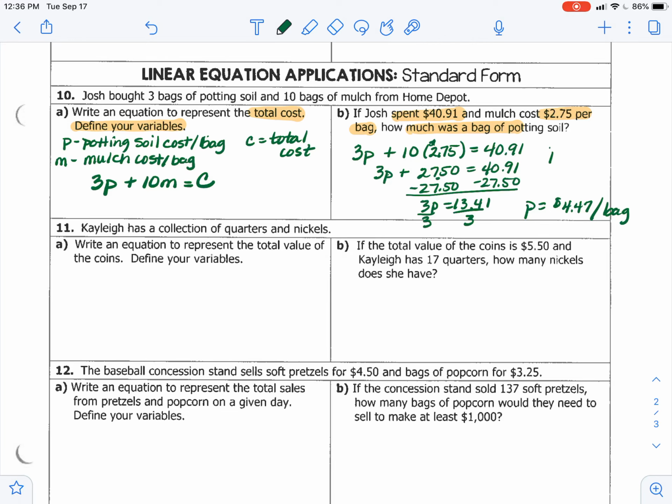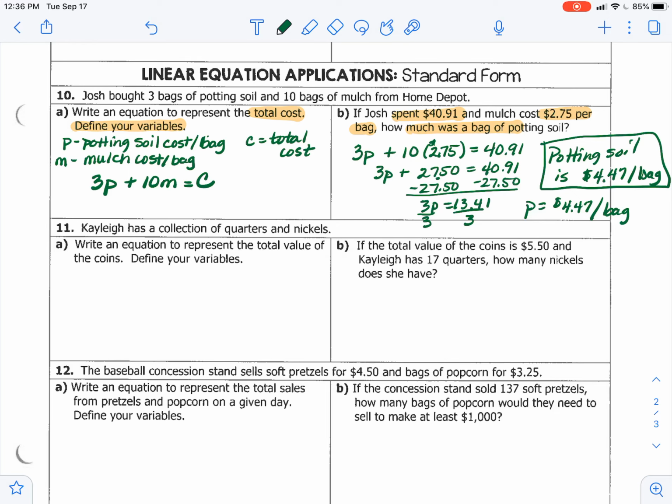Again, potting soil is $4.47 per bag. I guess I didn't need to write it down below, but there's your answer. Okay, so just like the story problems we've done before, you are going to need to identify your variables and then write your equation.